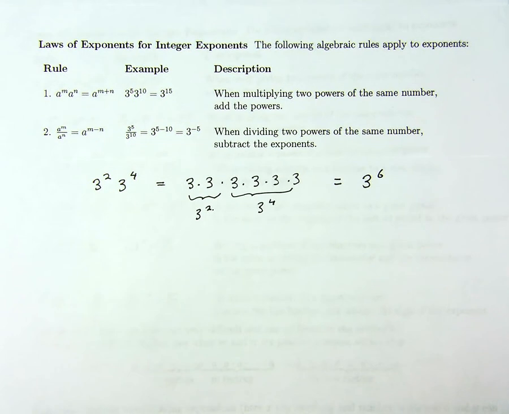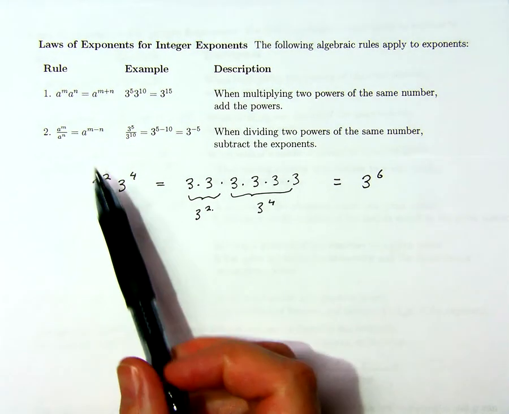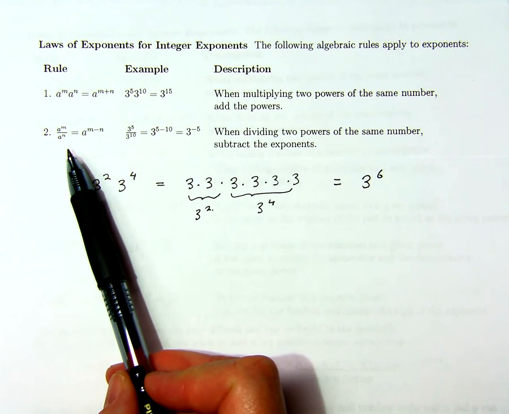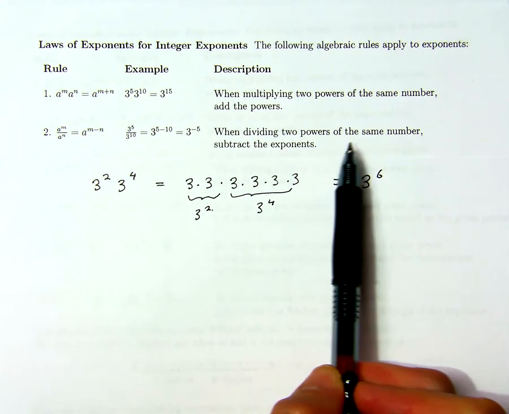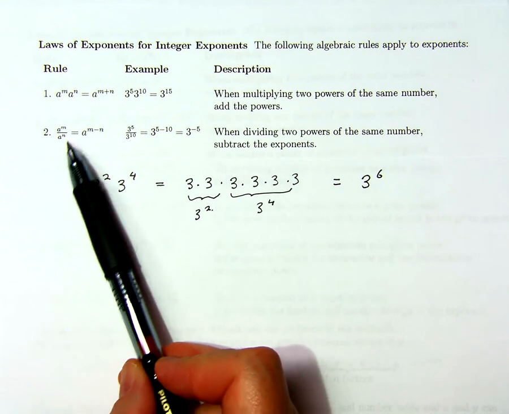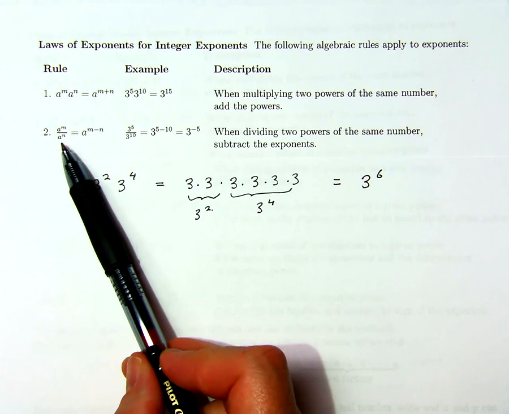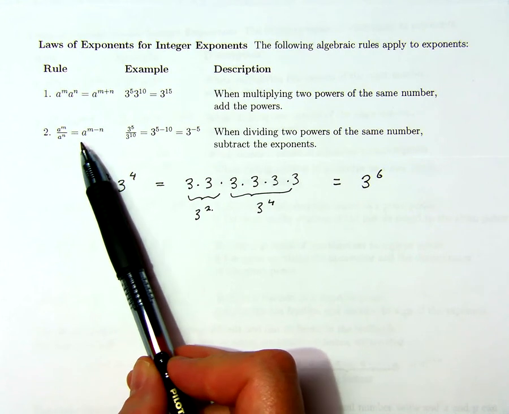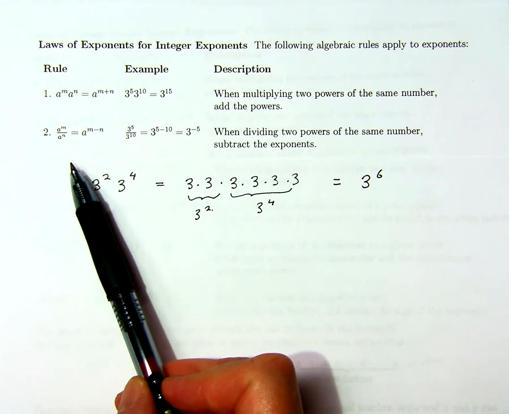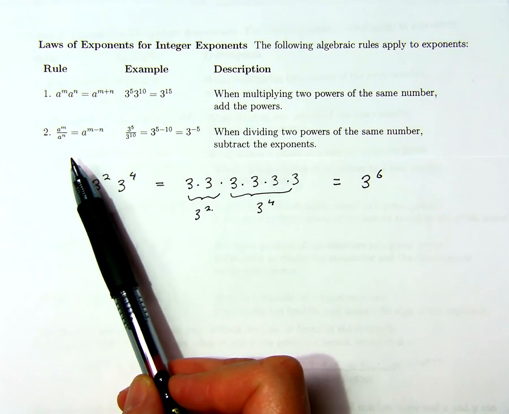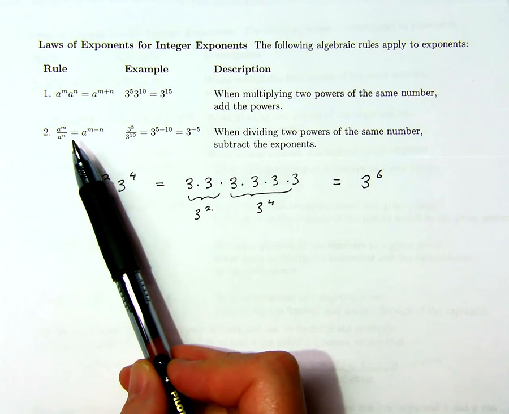The second rule is that if you divide powers with the same base, then you subtract the exponents. So when dividing two powers of the same number, you subtract the exponents. So we have a to the m over a to the n is a to the m minus n. And you may already perform this automatically, just factoring.